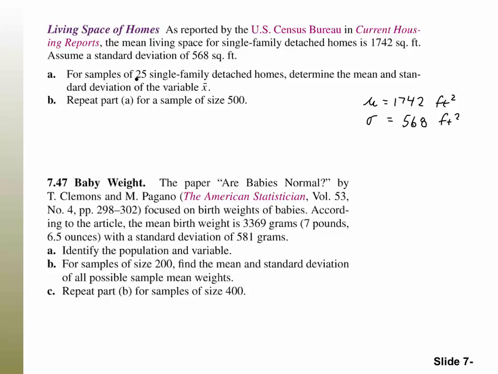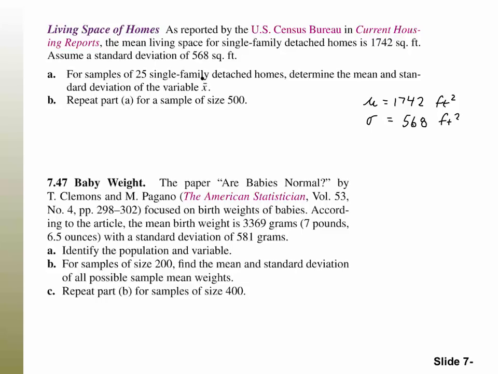Okay, and so it says if we took samples of 25 homes at a time. So we're going to take a sample of 25 homes and find the average square feet. And then we're going to take a sample of another 25 homes and find that average square feet. And we keep taking samples of size 25 and getting those means.